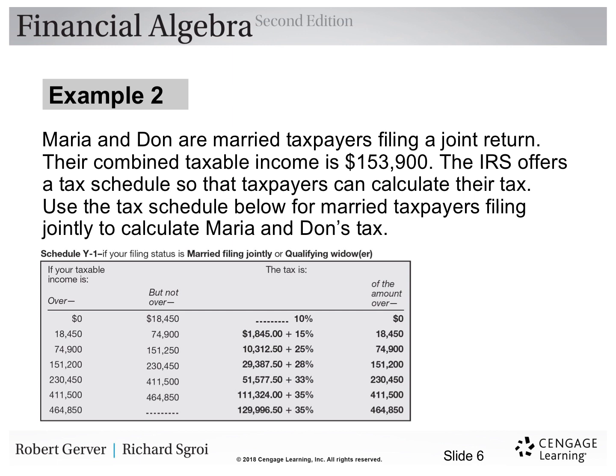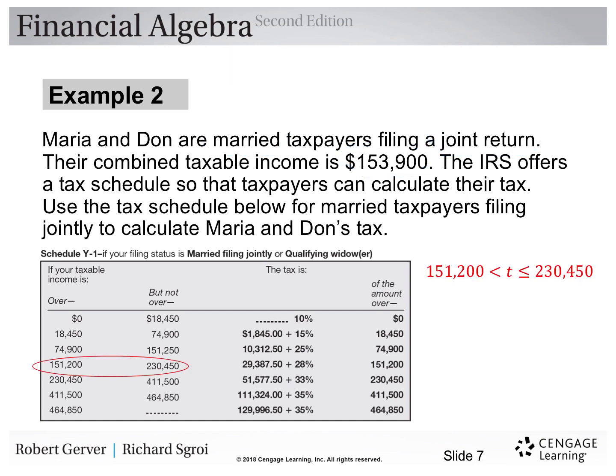Well, we have to look at what we've got here. First of all, they're married, and they are filing a joint return. And their combined income is $153,900. So let's use this information to see if we can determine their tax.